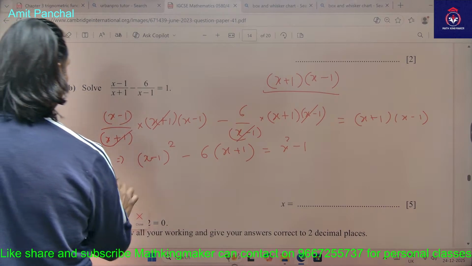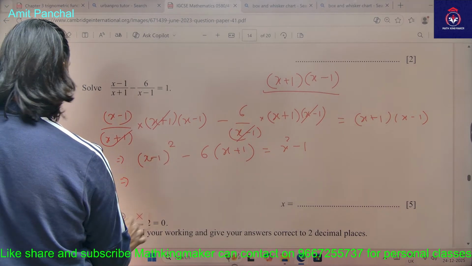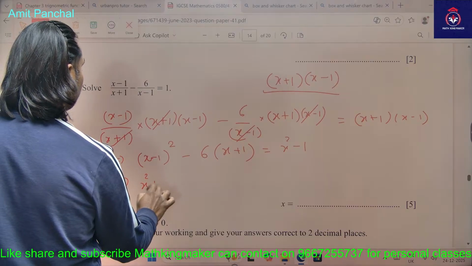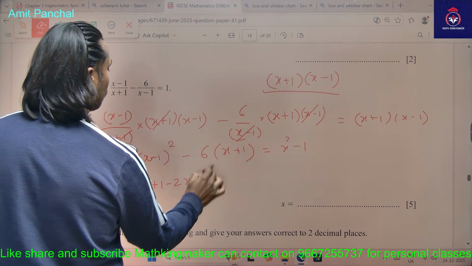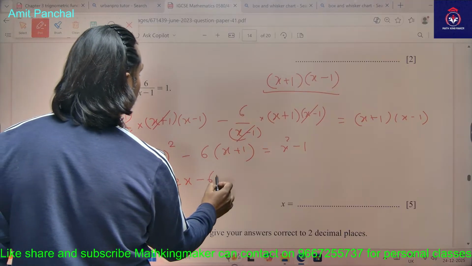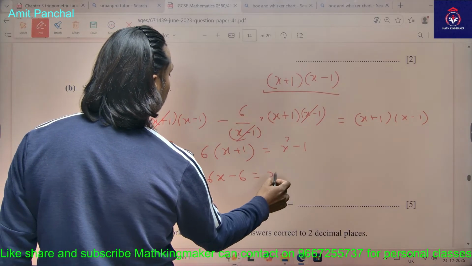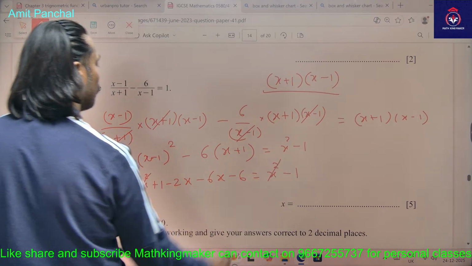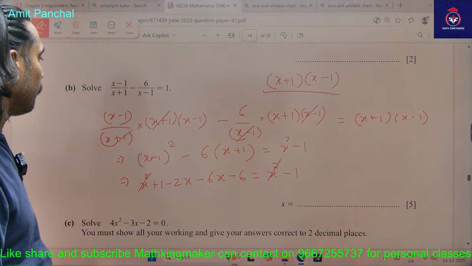Just open it, (a minus b) whole square, that is a squared plus b squared minus 2ab. Open this bracket, it will be 6x plus 6, so minus 6x minus 6. The x squared will be cancelled.